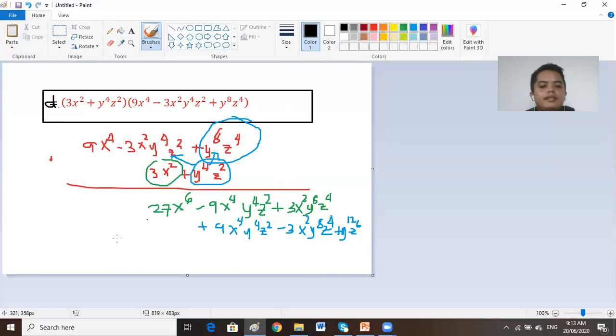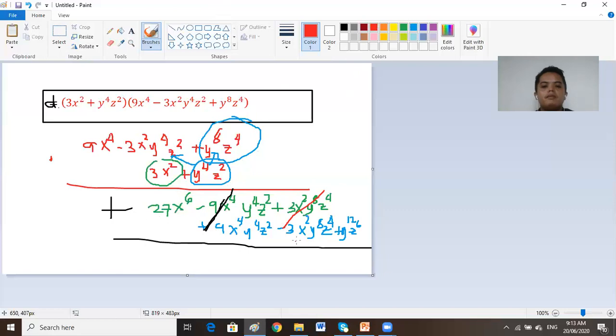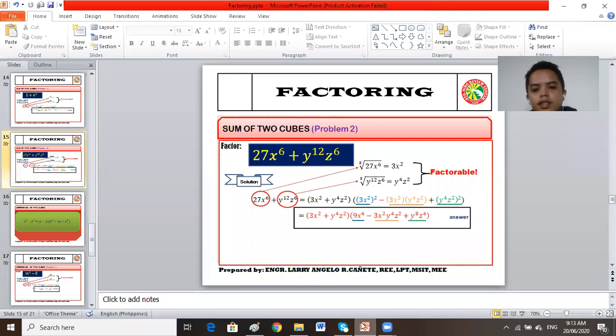Then you add everything. So this can be cancelled. Same with this one, cancel the same. So remaining is this one and this one. So 27x^6 plus y^12 z^6. Notice that that is the same with the choices.